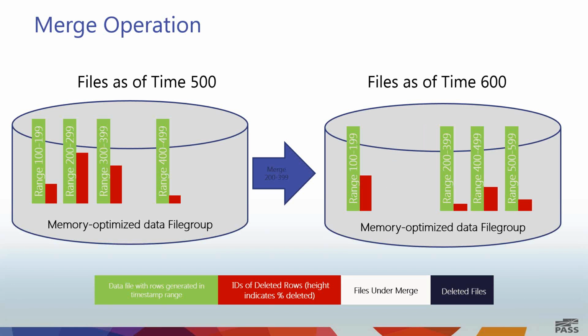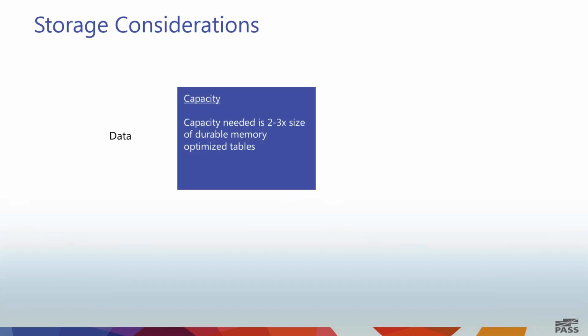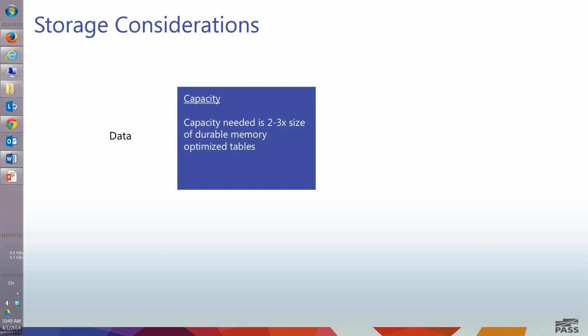Okay, so let's go to the next slide, storage considerations. Similar to thinking about memory, you also need to think about how you provision storage. With memory, the main consideration is the size and how to configure and manage it. With storage, there are 2 considerations.